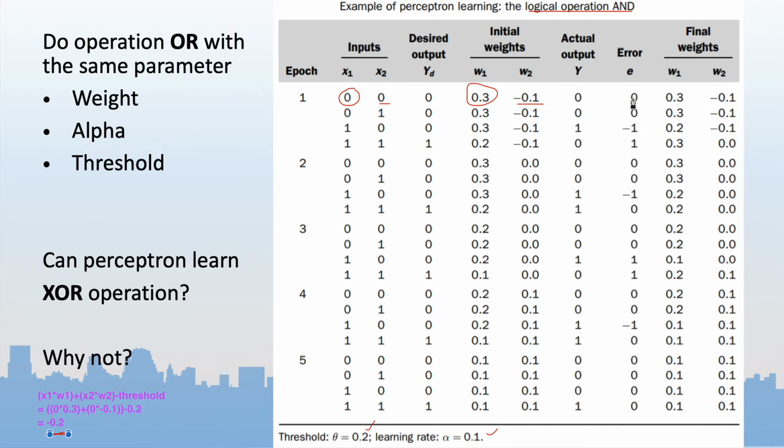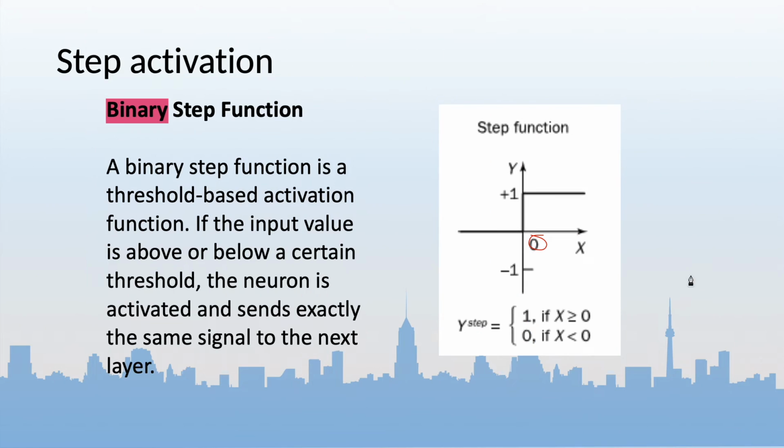As I said just now, if we use the step function, the value is either 0 or 1. If you look at this graph, if the value of x is more than or equal to 0, then it will become 1.